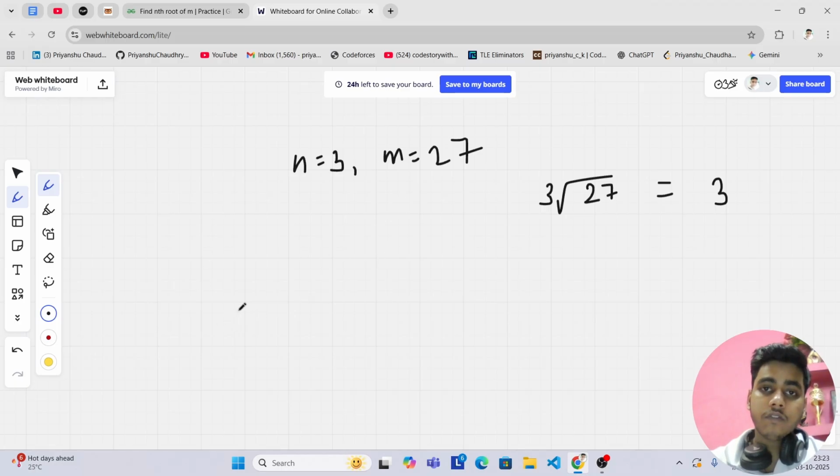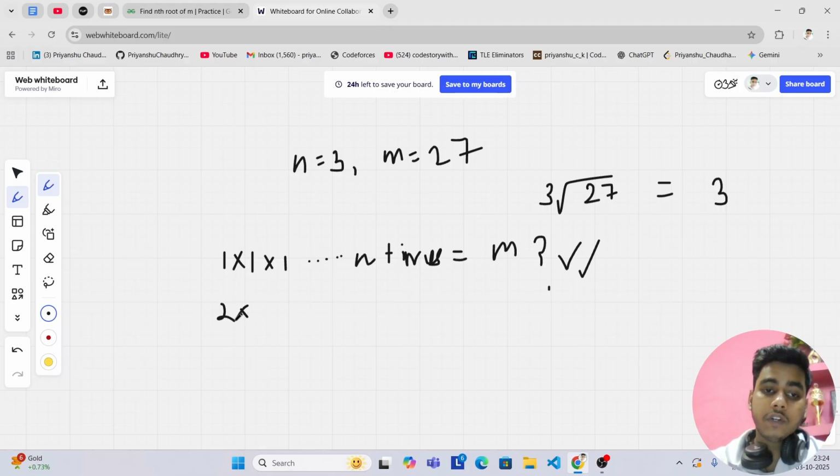With the brute force, we all know that we should start from 1 and multiply 1 exactly n times, and if it is equal to m, then we can say that yes, we have found our answer, that this 1 is our answer, because if we multiply 1 n times, it will give m.